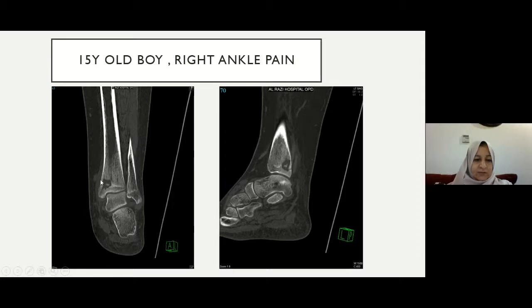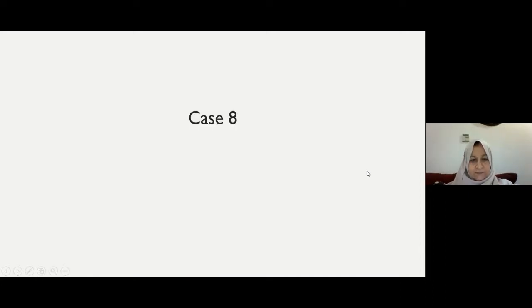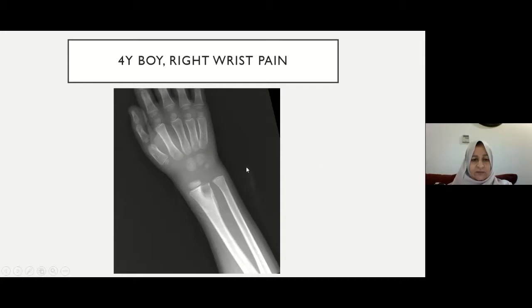It is osteolytic, metaphyseal, resting on the physis and surrounded by sclerosis. By this typical appearance, this boy underwent debridement and got resolved.